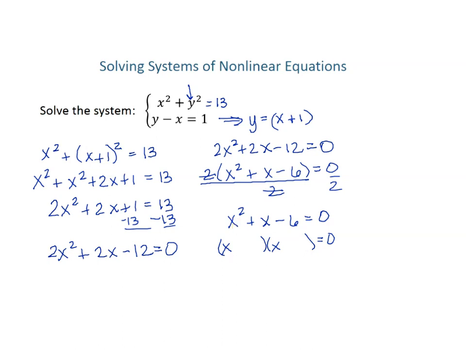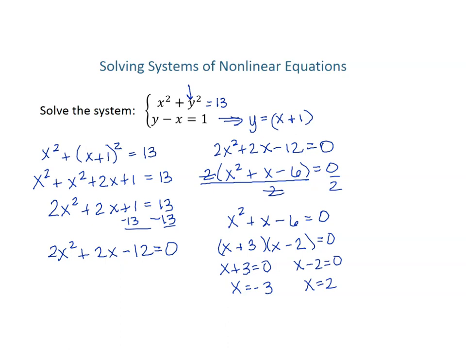Thinking of them? Multiply to be negative 6, add to be positive 1. So we need a positive 3 and a negative 2. Solve each of these. X plus 3 equals 0, so x is negative 3. X minus 2 equals 0, so x is 2.